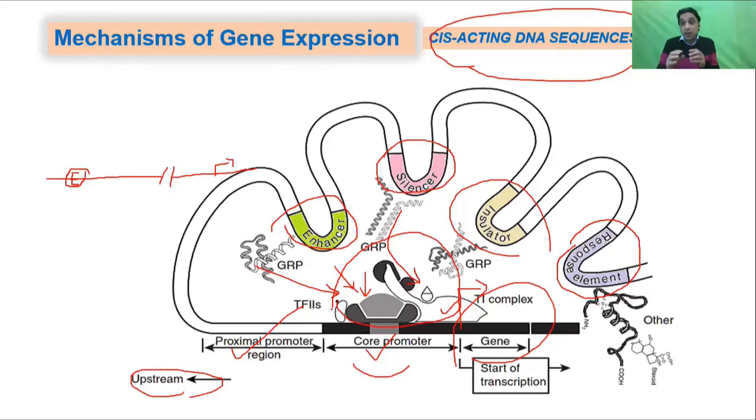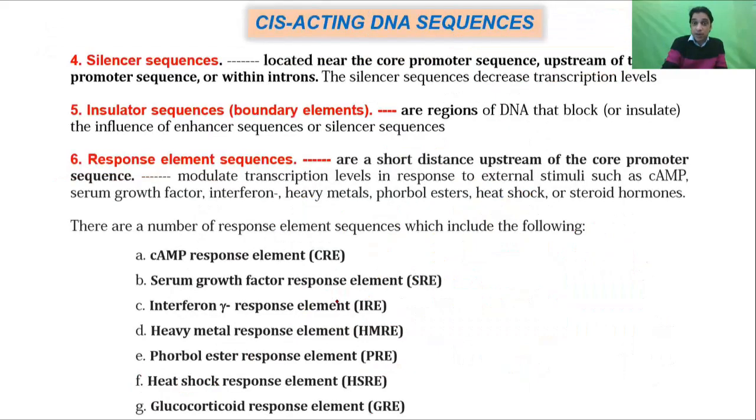If it is stopped by a silencer, the expression will be decreased. So the basal or constitutive expression will be enhanced or decreased depending on the nature of the DNA element interacting with the core promoter. Who is coming near the core promoter, okay?